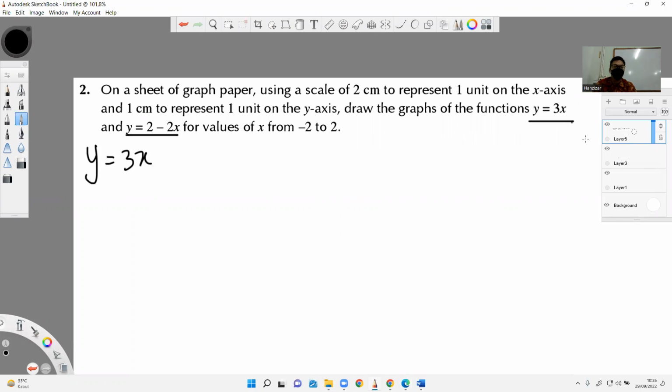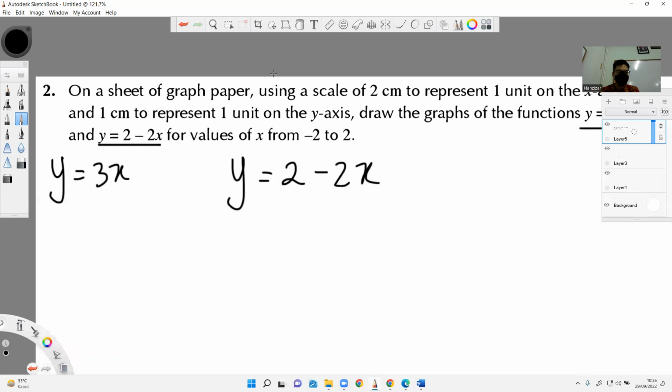Whoa. We have to draw two functions. Understand, guys? We have to draw y equals 3x and then y equals 2 minus 2x for the values of x from -2 to 2.